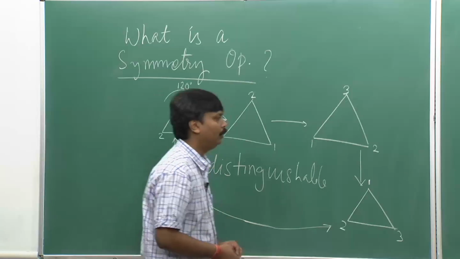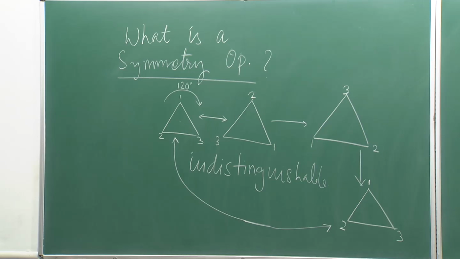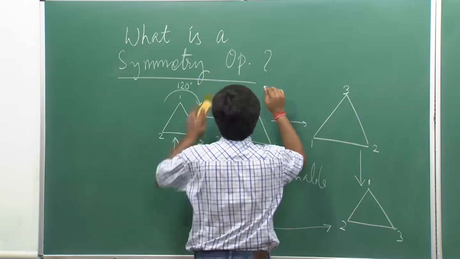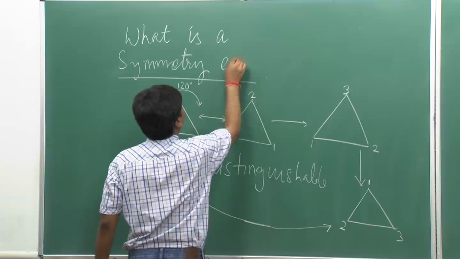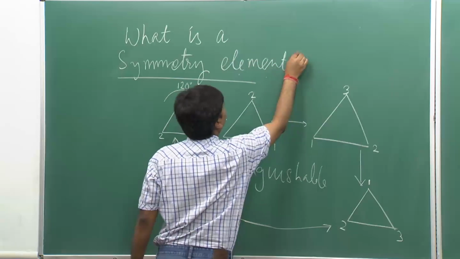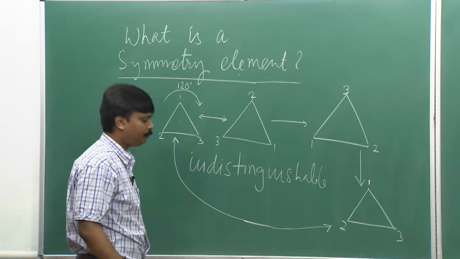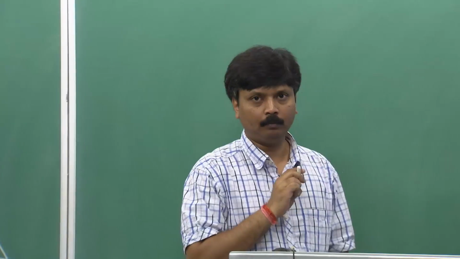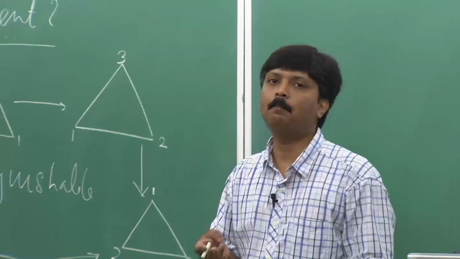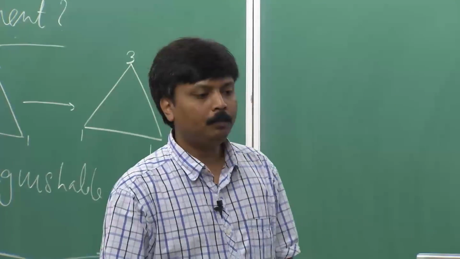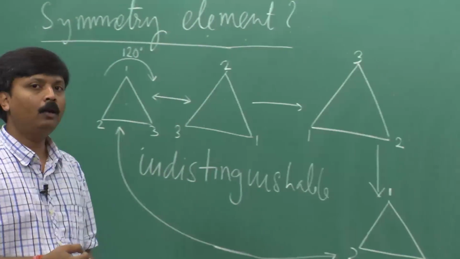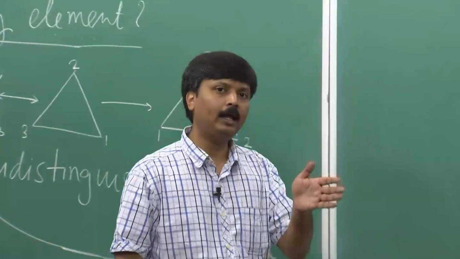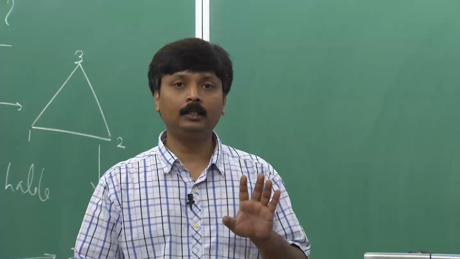Now what is a symmetry element? So the next question will be, what is a symmetry element? A symmetry element is some entity within the body. It can be an axis, a point, or a plane. The axis, plane, or point about which a symmetry operation takes place, giving an indistinguishable structure, is known as a symmetry element.